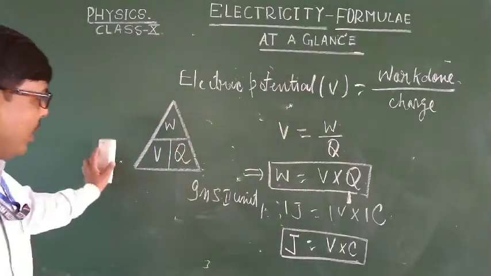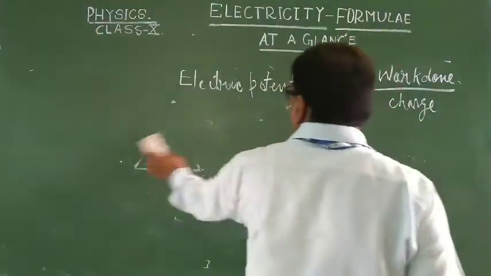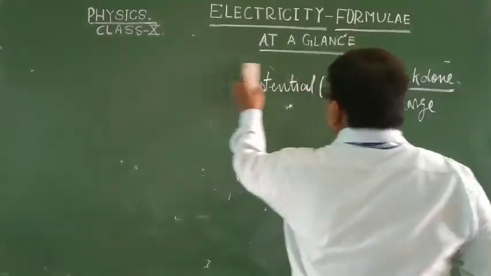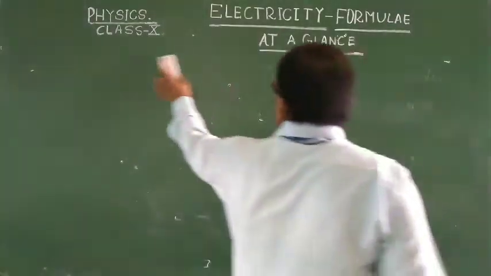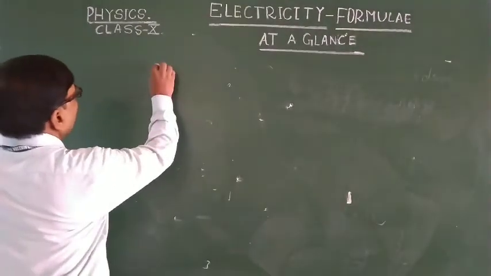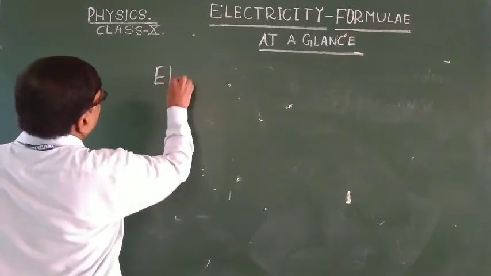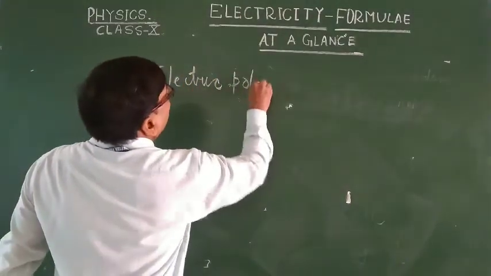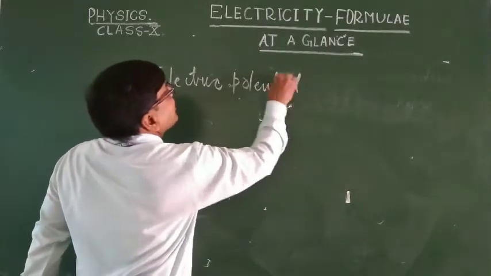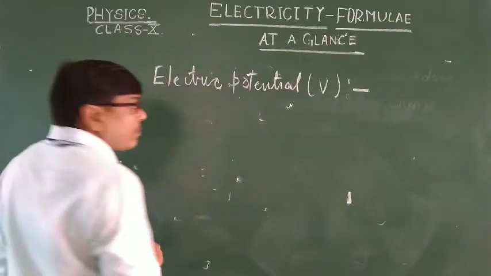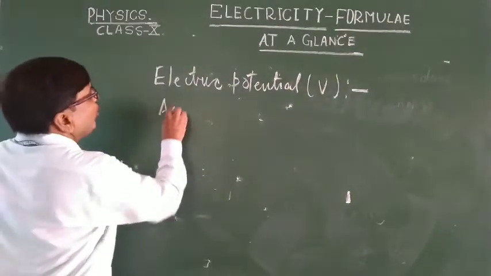Next, what is electric potential in terms of current and resistance? Electric potential is also written in this form according to Ohm's law.